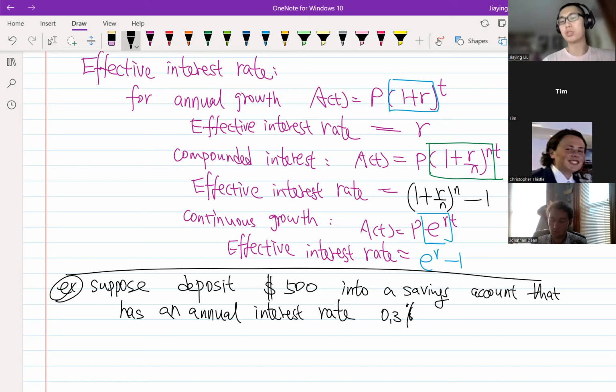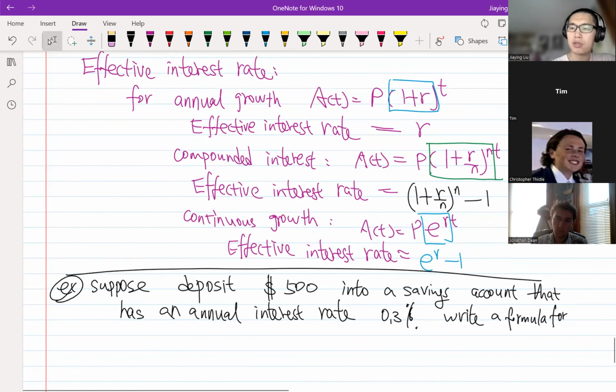So that's the interest rate, 0.3%. So we're going to write a formula for the balance for each of the following cases.